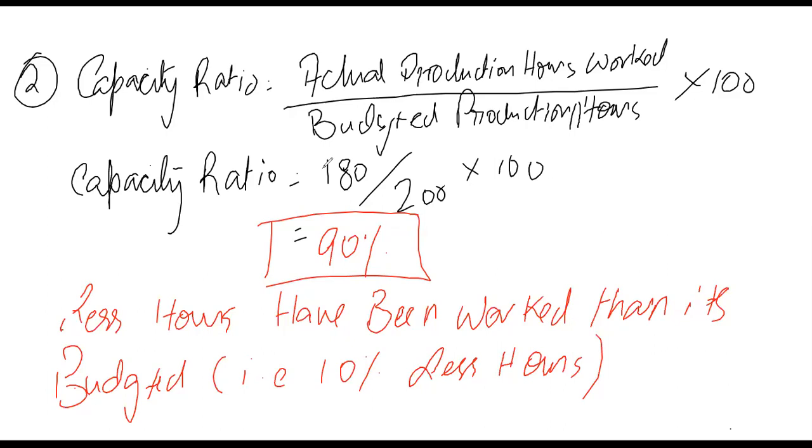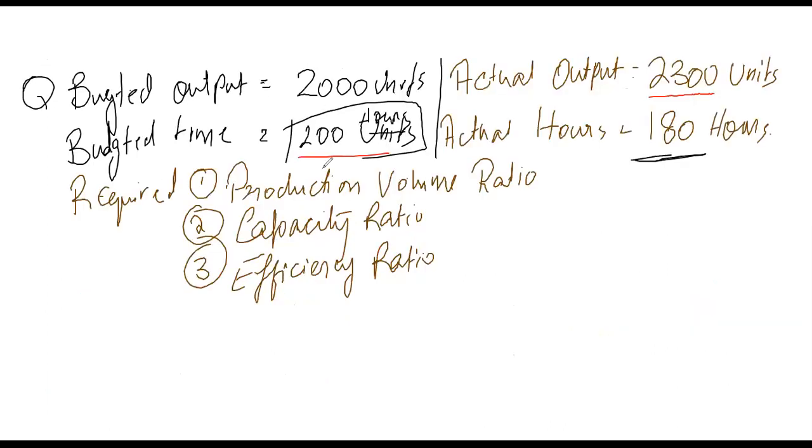But on the other hand, if we see this question, working at the 90% capacity, our company was able to produce 2,300 units, and this is something of great incentive for the company. It's an opportunity for the company. So this means that although the company worked at less than 100% efficiency, they were able to generate more units than were budgeted.